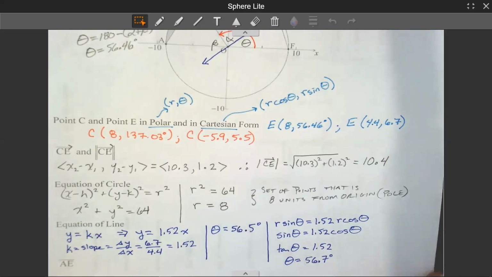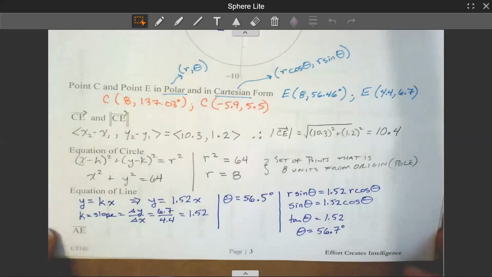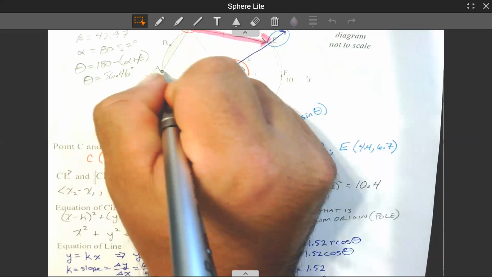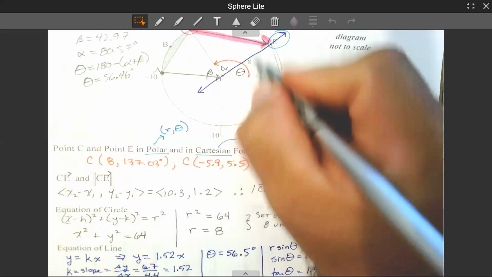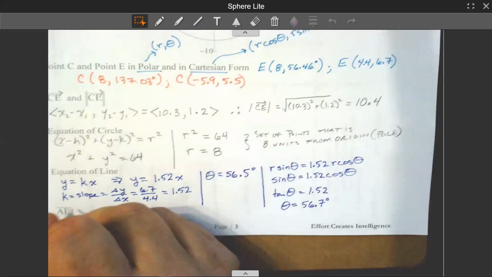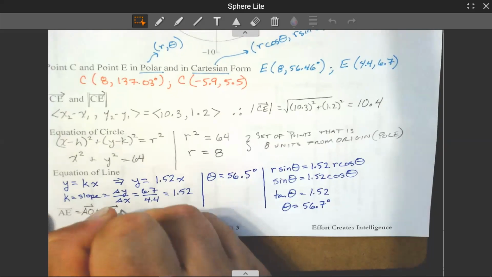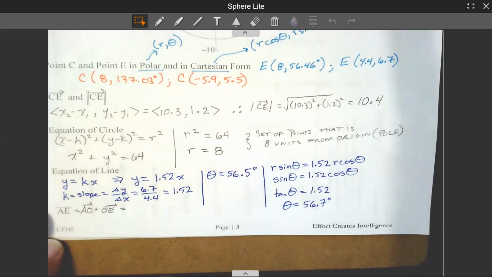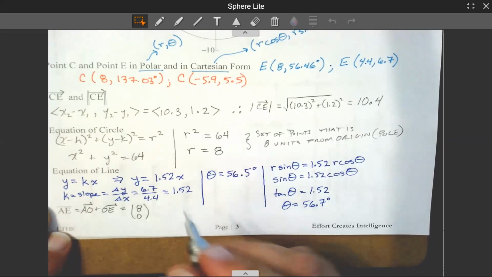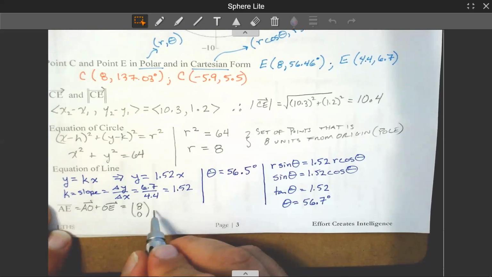Okay. And finally, A to E. If I'm going to solve for A to E, it's going to be like going from this point A over to the origin, and then from the origin out to point E. So I can write that as A to E is equal to A to O plus O to E, doing a little bit of vector addition. The motion from A to O is 8 in the positive x, 0 in the positive y.